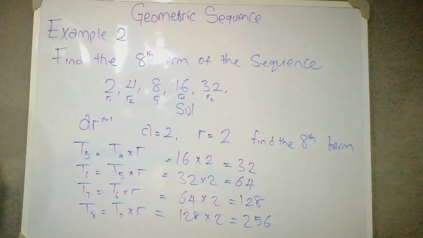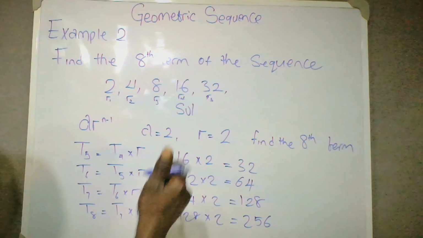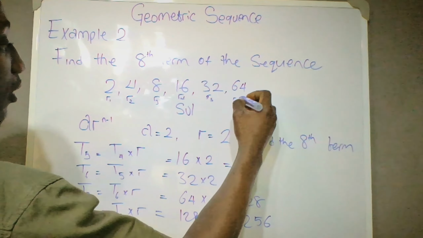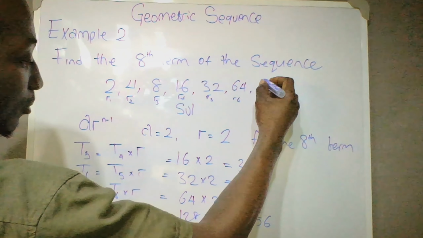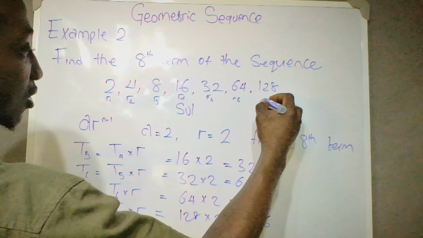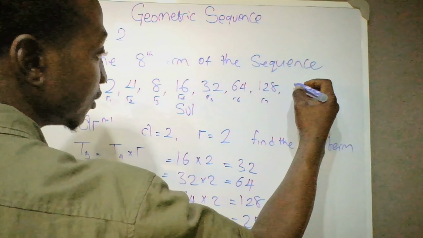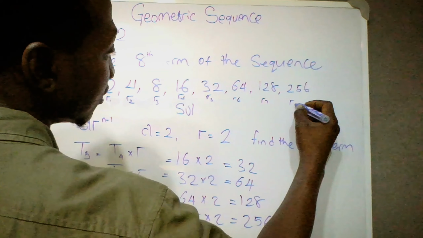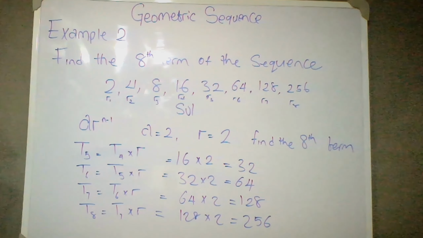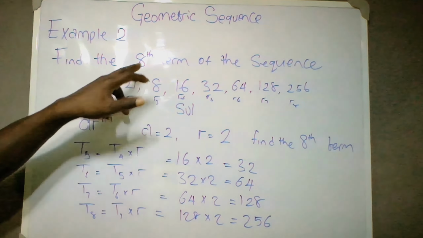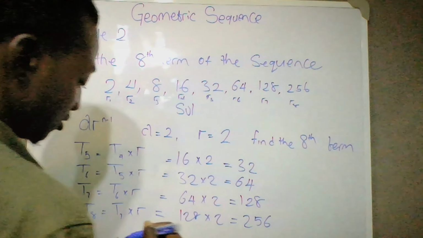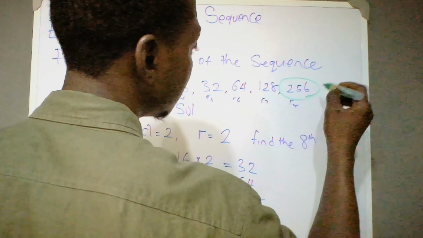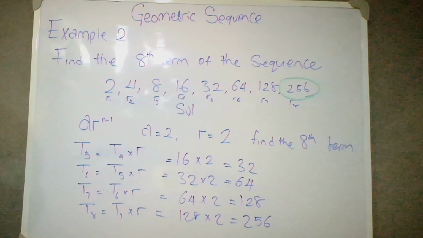So for T5 we have 32, for T6 we have 64, for T7 we have 128, and for T8 we have 256. That's our final answer.